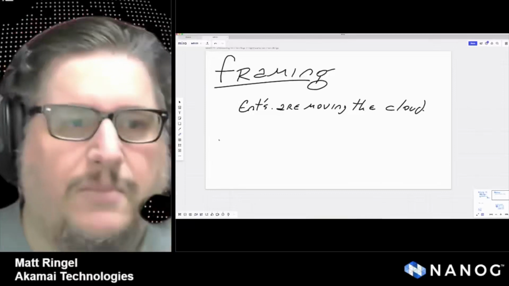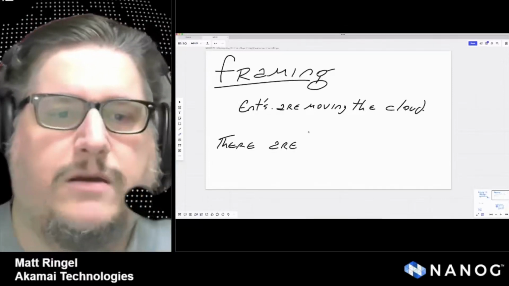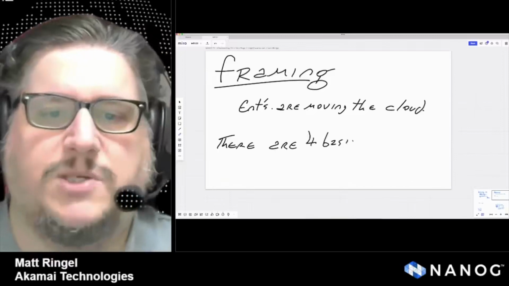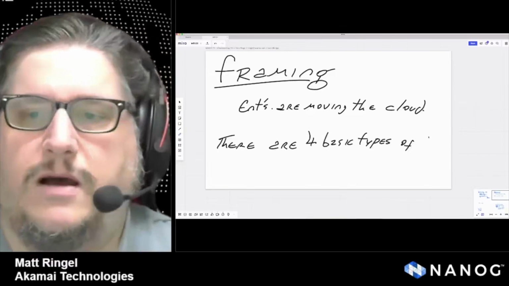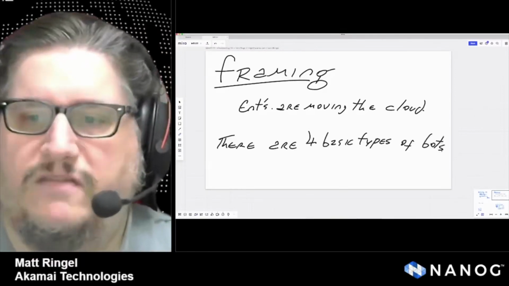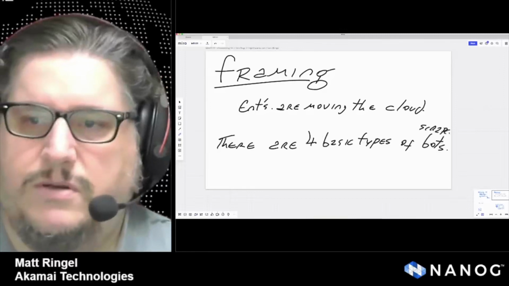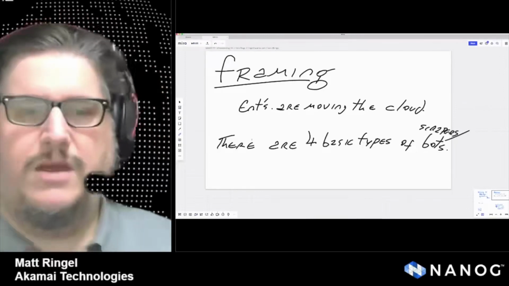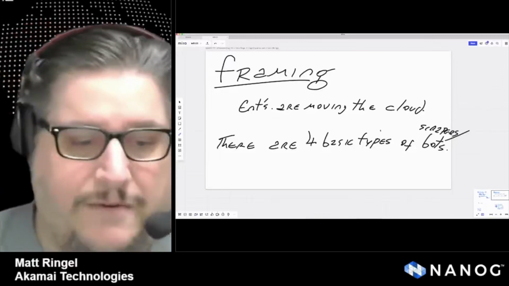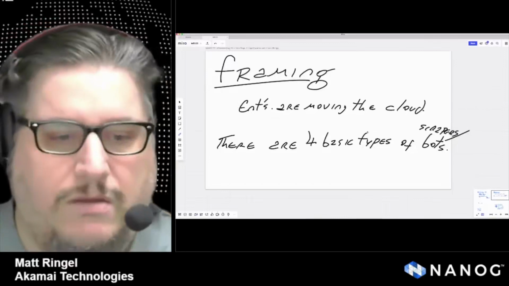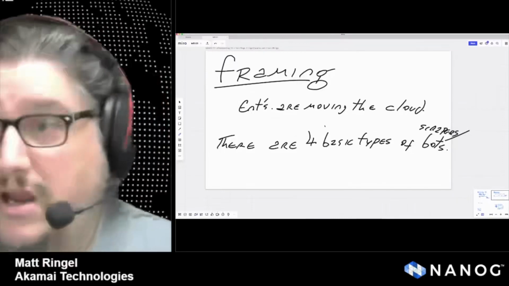Alternately, there are 4 basic types of bots, like scrapers or bots, right? So what have I said at that point? Well, I've told you that this behavior, so what can happen at that point? Number one, the behavior can be organized.